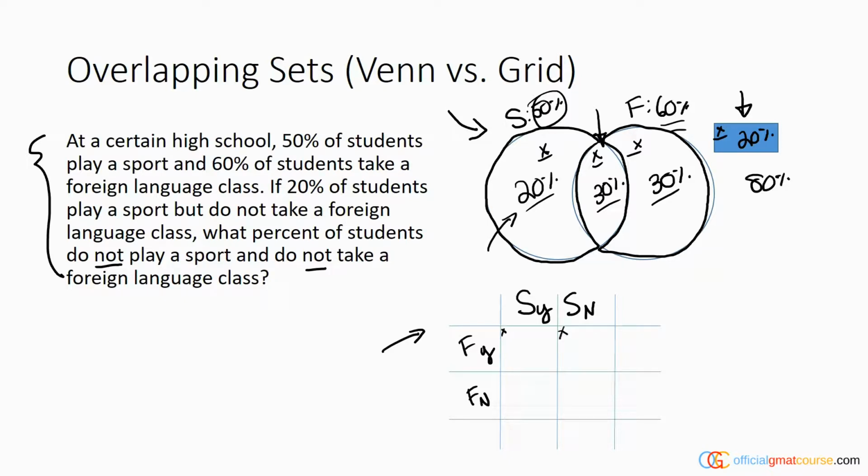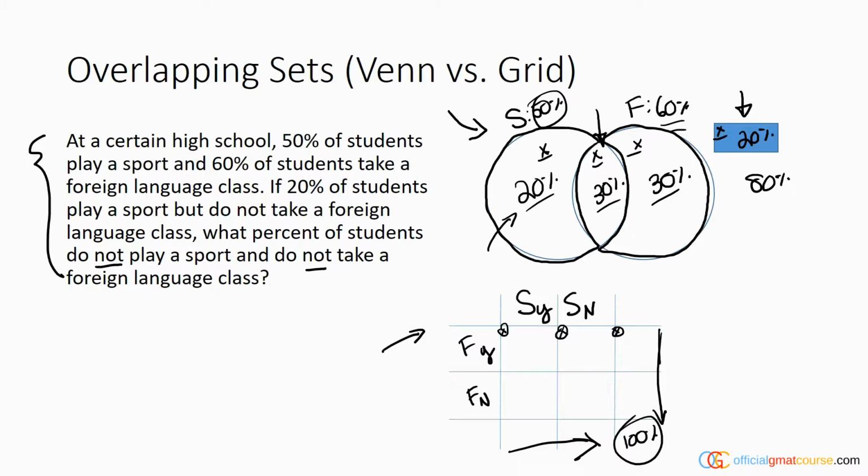This is foreign language yes, sports no. And this over here is the total of foreign language. Foreign language with sports and without sports adds up to this. The bottom down here is going to be the total, which will be 100% in percent questions. And that should be the sum of the vertical and the horizontal addition. And so we can work our way through this problem using this grid, and I'll show you how.